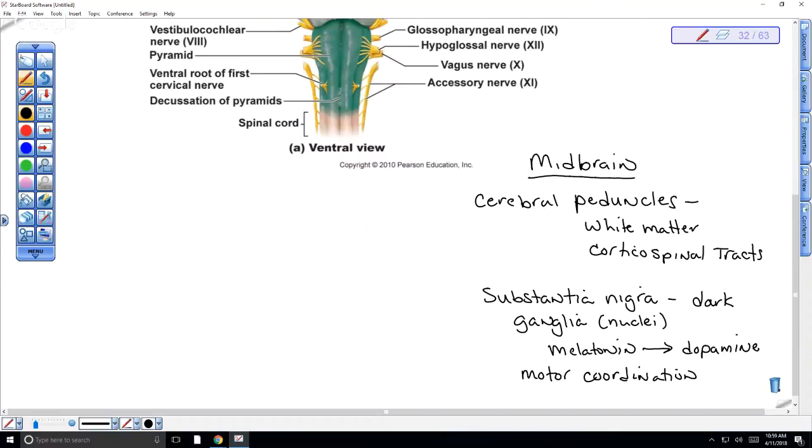So in the midbrain, we have problems with Parkinson's disease, or I mentioned long-term use of methamphetamines. So methamphetamine use. And what happens is that these neurons that release dopamine die.